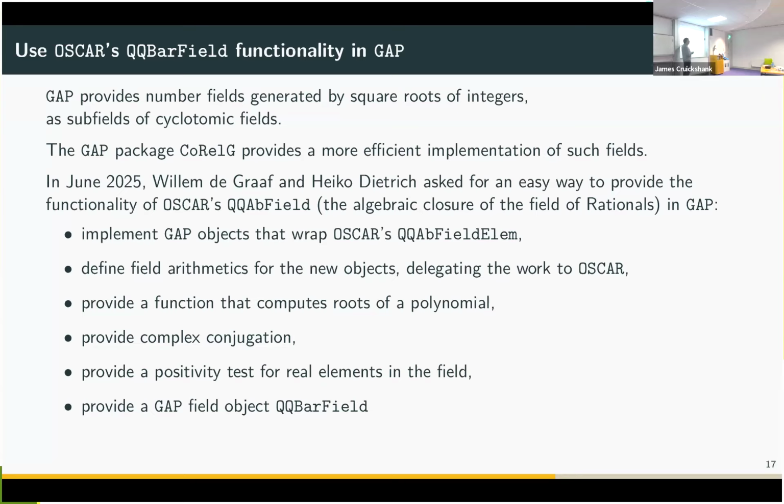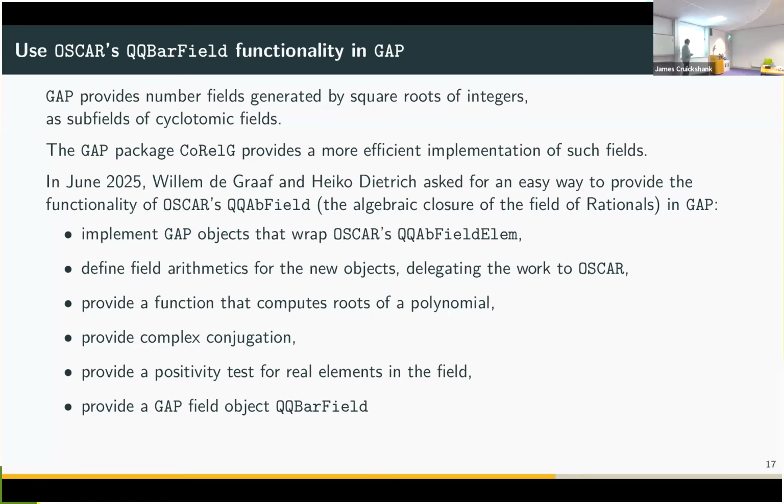Then they also need a complex conjugation, which is also available on the OSCAR side, no problem. And also important, for real elements in the field, we want to check whether they are positive or not, also something which can be done on the OSCAR side. So essentially it just knows how to delegate the work to OSCAR.